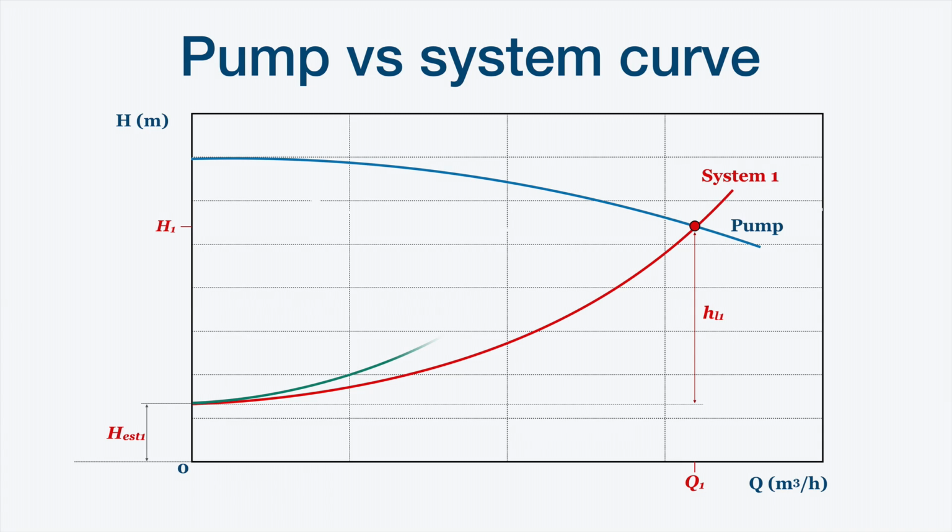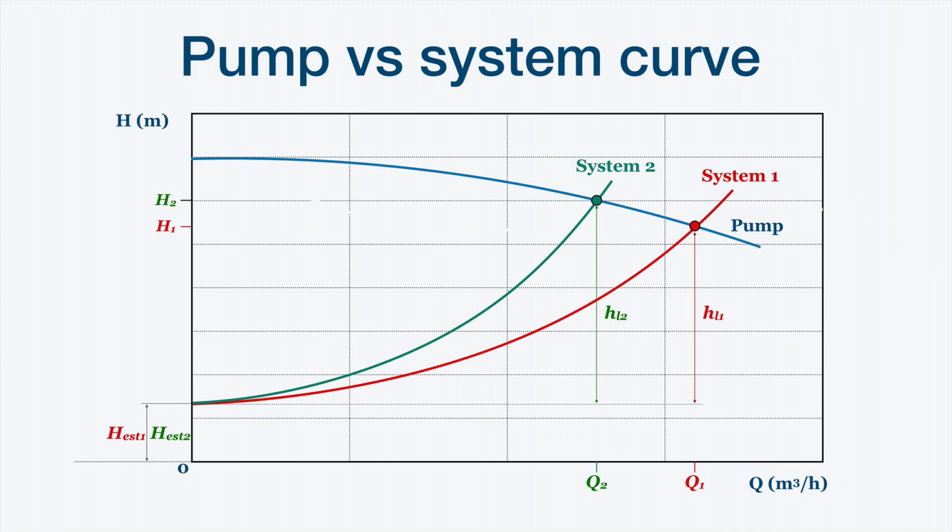This way, now we will have this new operating point with the flow rate Q2 and a head H2. Of course, this curve has been obtained the same as before, from the sum of the static head 2, that is the same as the one of system 1, plus the pressure losses HL2 that are higher than the previous pressure losses because of the throttling effect of the valve we have closed in the system.